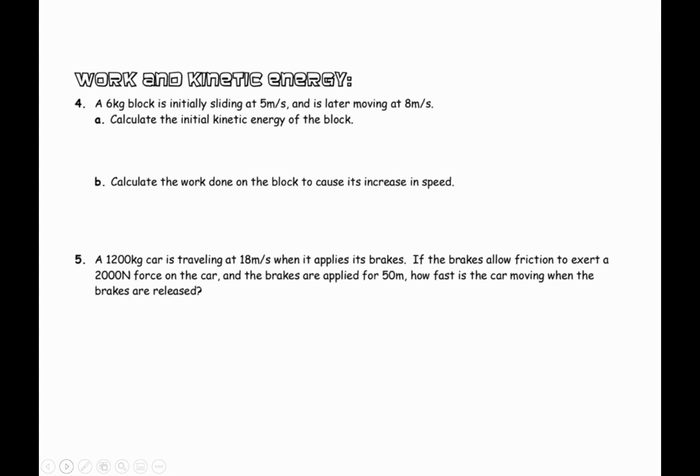When we look at this problem, it says a 6 kilogram block is initially sliding at 5 meters per second and is later moving at 8 meters per second. So I'm going to underline my most important stuff. Calculate the initial kinetic energy. So I'm calculating the kinetic energy initial. So kinetic energy initial, or I, is equal to 1/2 mv initial squared, 1/2 mv squared.